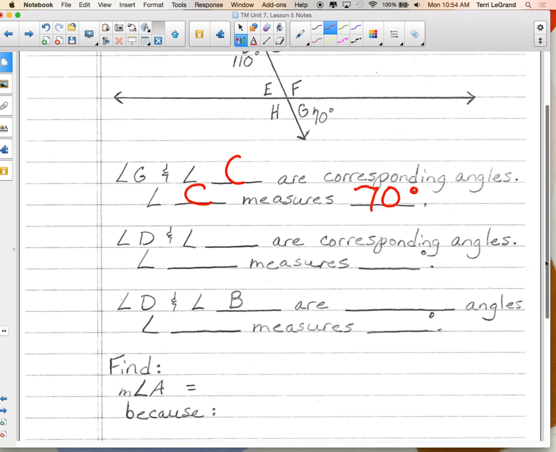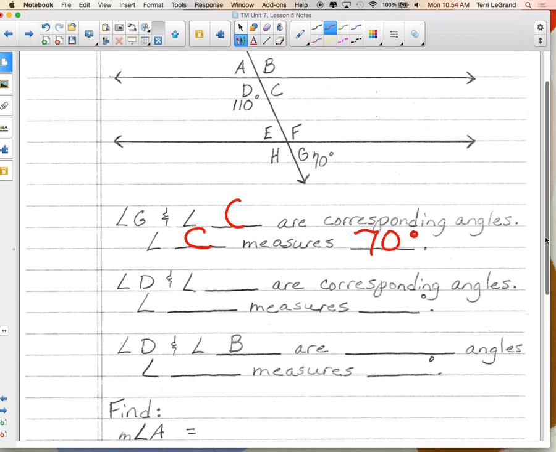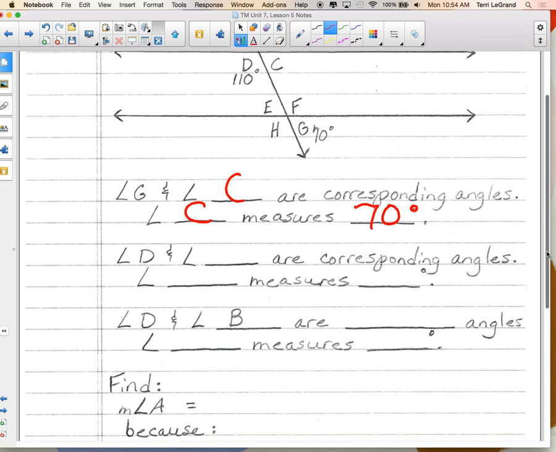Well, then I said, since I know what D is, why don't I just move on to that one now for a bit? Since angle D is 110 degrees, there's more than one way we can go about these, but let's just stay with our corresponding angle relationship so we get familiar with using it. What angle corresponds with angle D? Class?